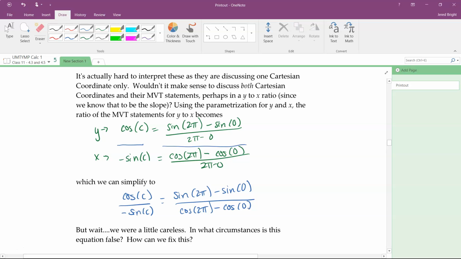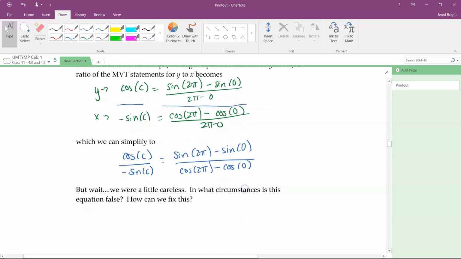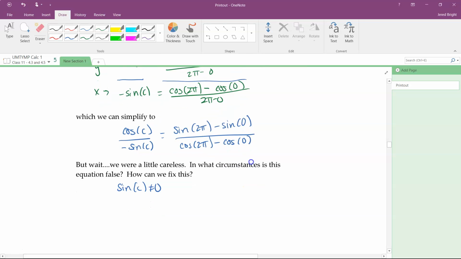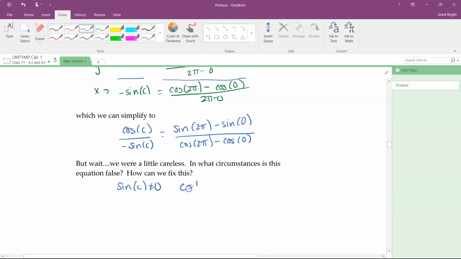Okay? And then the only thing here is that when we do this, we're being a little careless. This equation is false in certain contexts. Specifically, whatever c is, it can't be 0, right? We can't divide by 0, so I know that sine of c cannot be 0, and so that means that c cannot equal any multiple of pi.